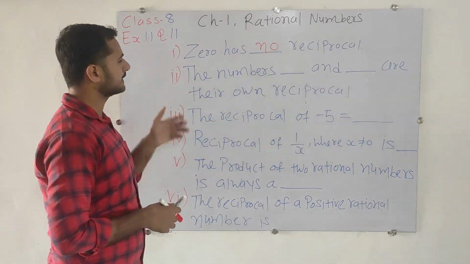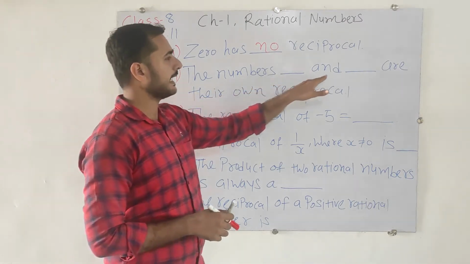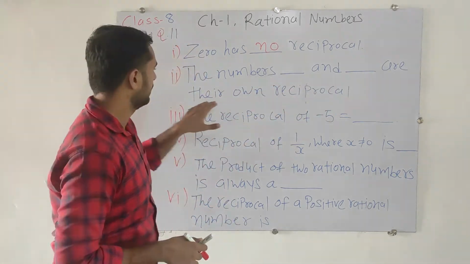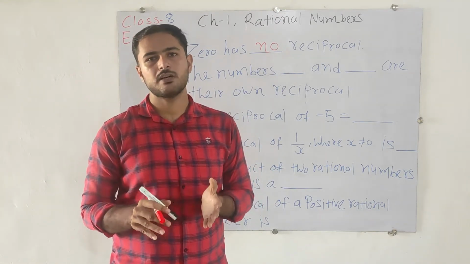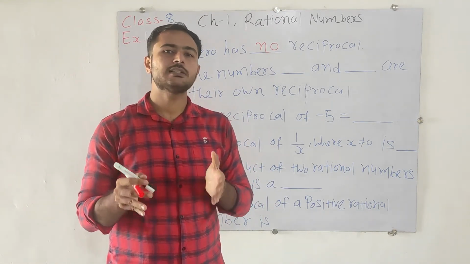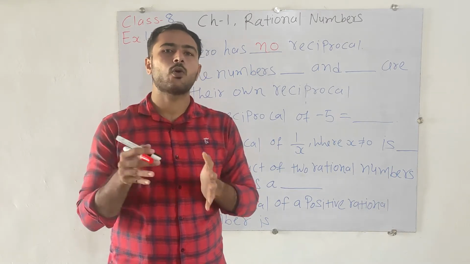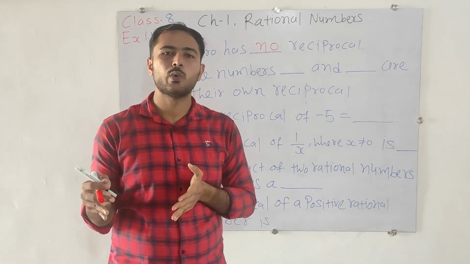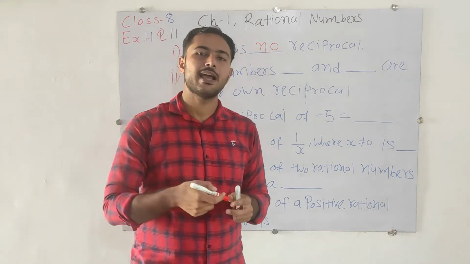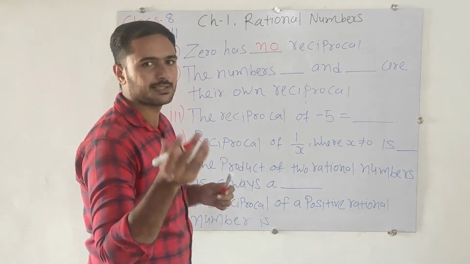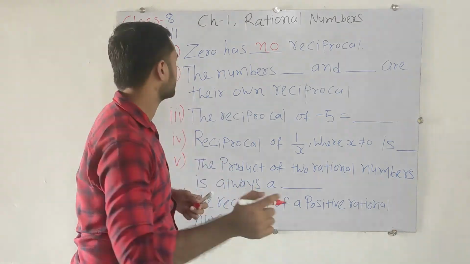The second one: the numbers blank and blank are their own reciprocal. We have to write the numbers whose reciprocal is always the same, like 1 and minus 1. The reciprocal of 1 is 1 only, and of minus 1 is minus 1 only. We discussed the same question in the last question.